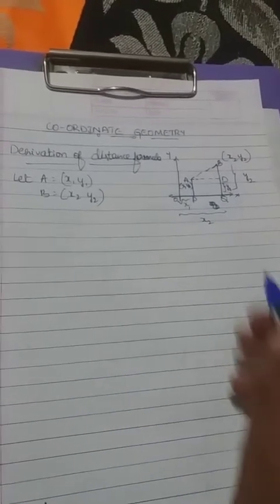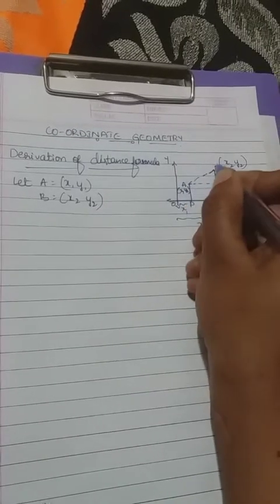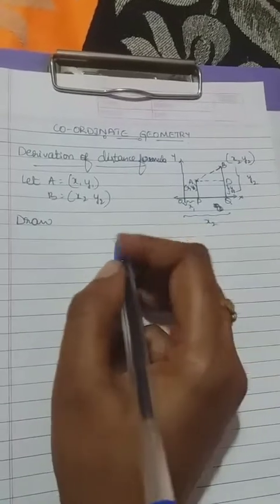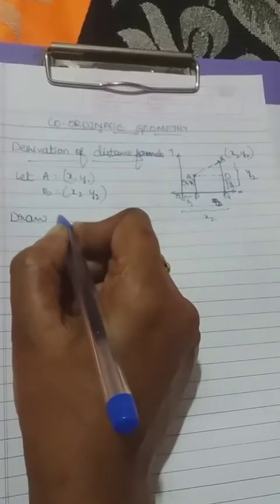Now draw some extra lines. If the coordinates of A and B are given, we have to draw AP as a perpendicular line and BQ as a perpendicular on the x-axis. For the easy derivation we want to draw those.